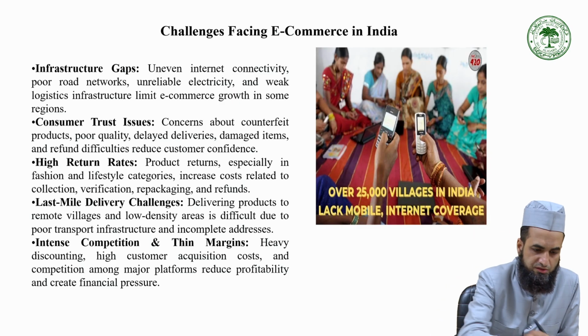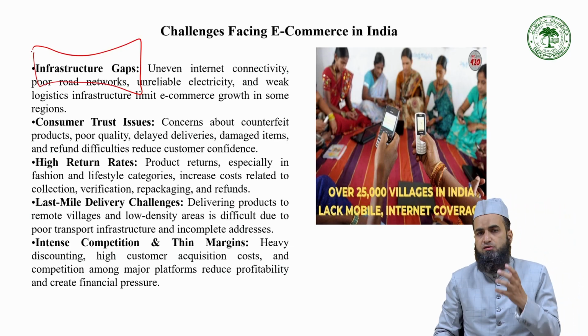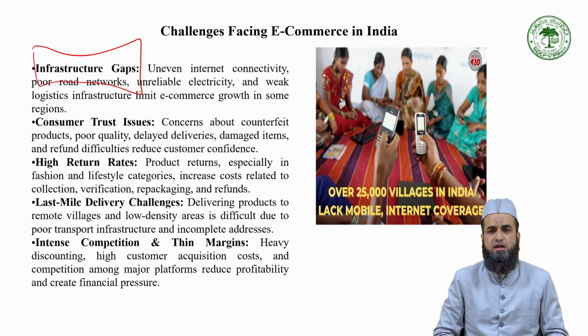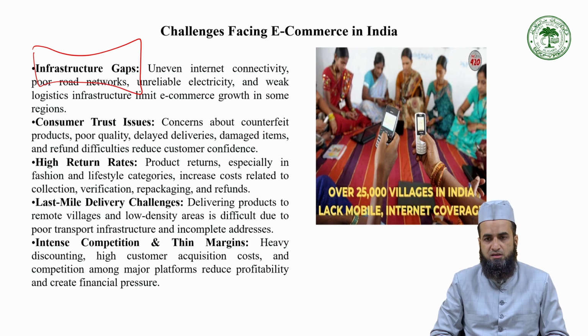Number one, infrastructural gaps. Despite rapid growth, India's e-commerce ecosystem still faces serious infrastructure constraints, right? Internet quality remains uneven across regions, and many users depend entirely on mobile data rather than stable broadband connections.